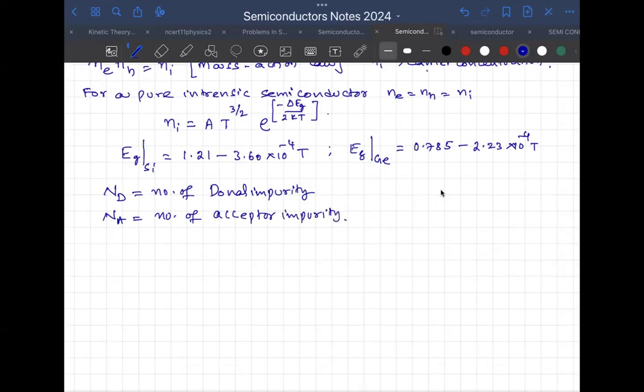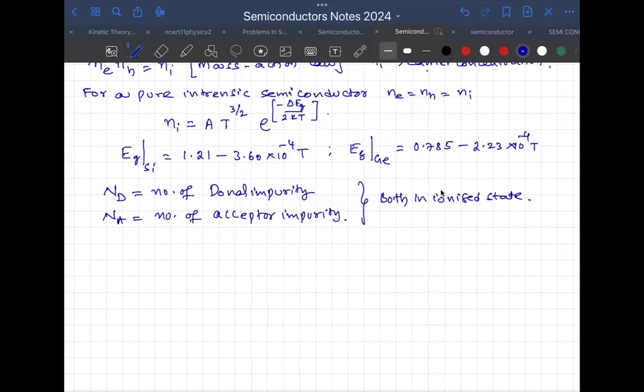Remember, both are defined in ionized state. Don't get confused. Suppose you have added a p-type material, I am discussing the acceptor concept only when it accepts. Earlier, it is neutral. Even though you have done doping, everything is neutral. When will that doped material get charged? When it accepts or donates.